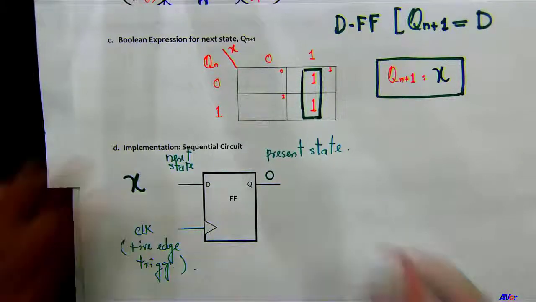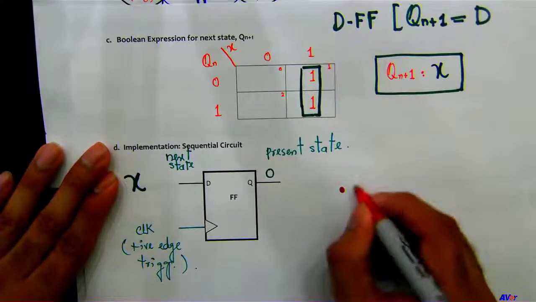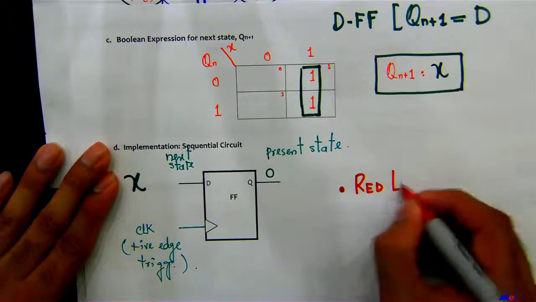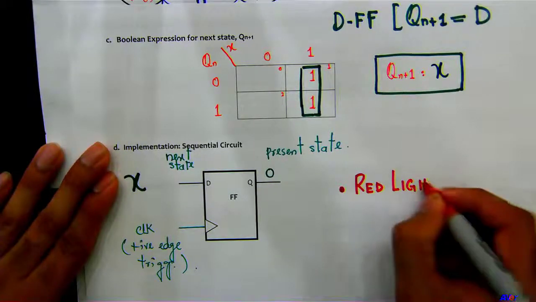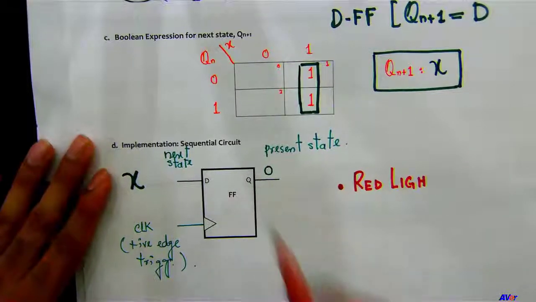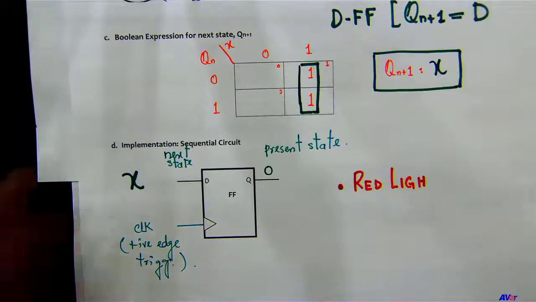Okay, so we're gonna have a red light here. But because we have 0 here, somehow we have to find a way to invert this logic to turn the LED on, correct? So it has to go through an inverter, correct?